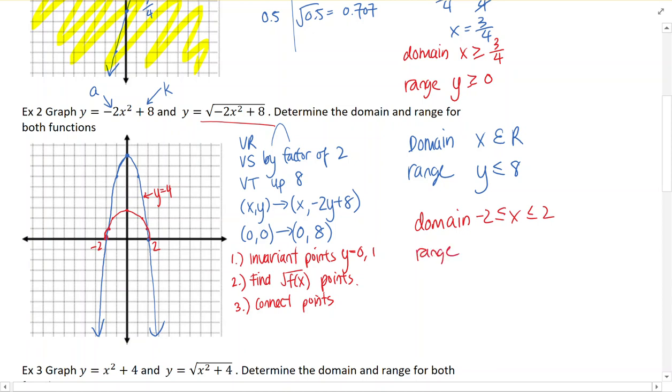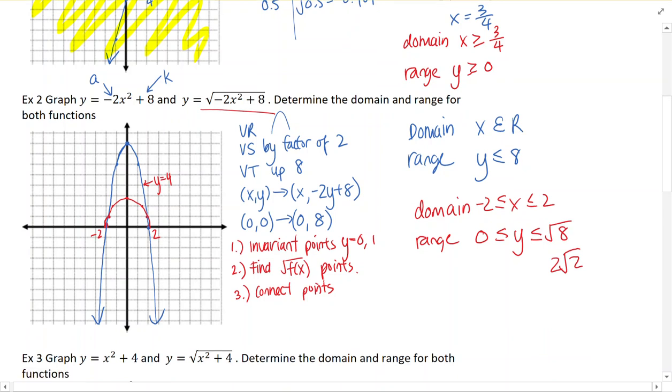The range is going to go as high as the square root of 8, and it's not going to go past 0 because it's not going to be negative. So it's going to be between 0 and root 8. Or if you want to write 2 root 2, that is okay too.